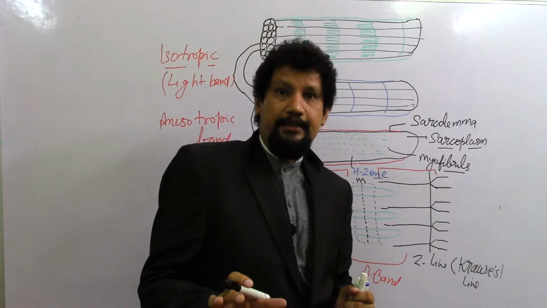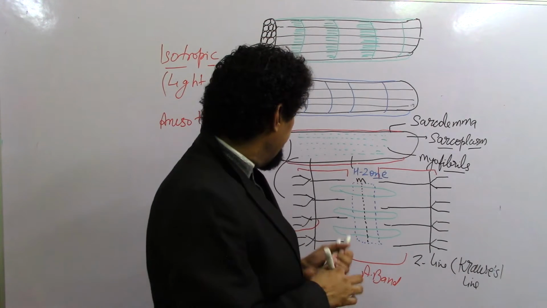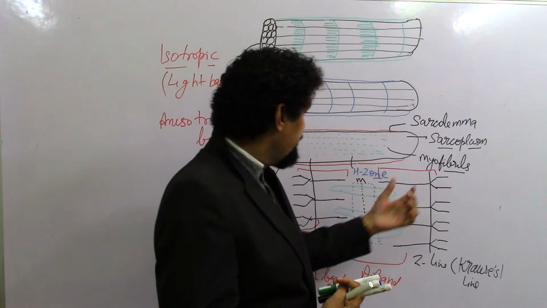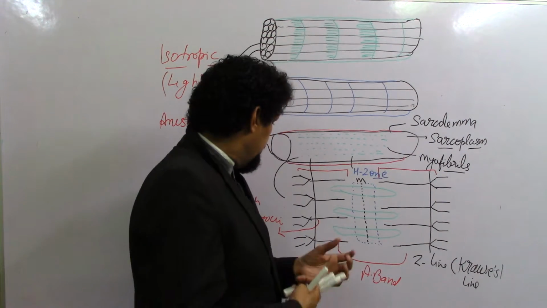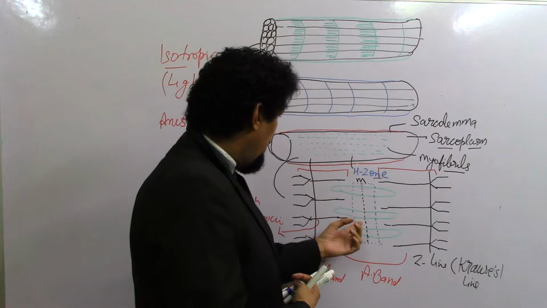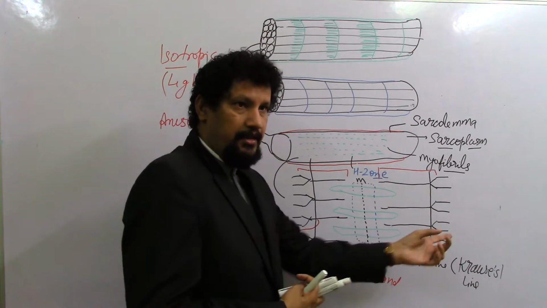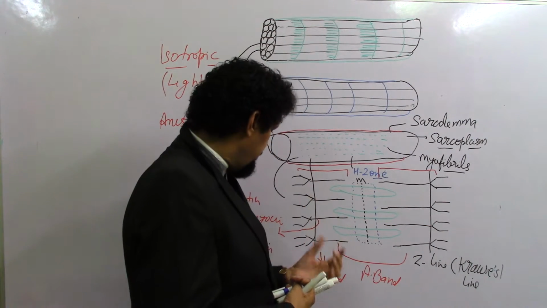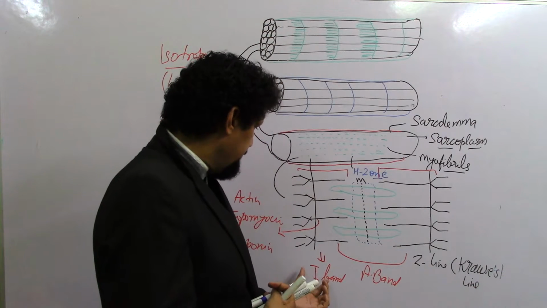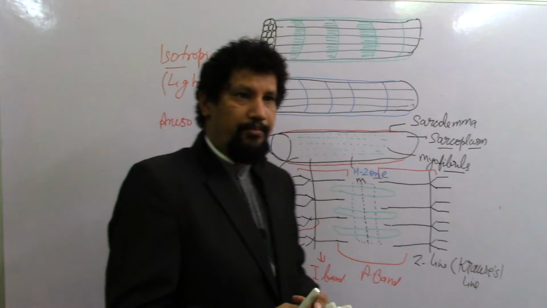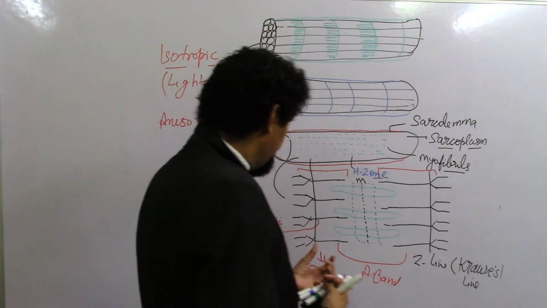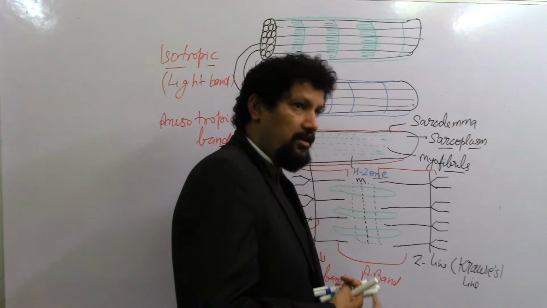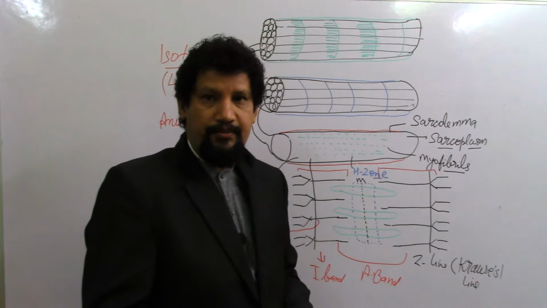Each myofibril is formed by the arrangement of the myofilaments in alternate dark and light parts. The light part is known as the I band or isotropic band, and the dark band is the A band, also known as the anisotropic band.